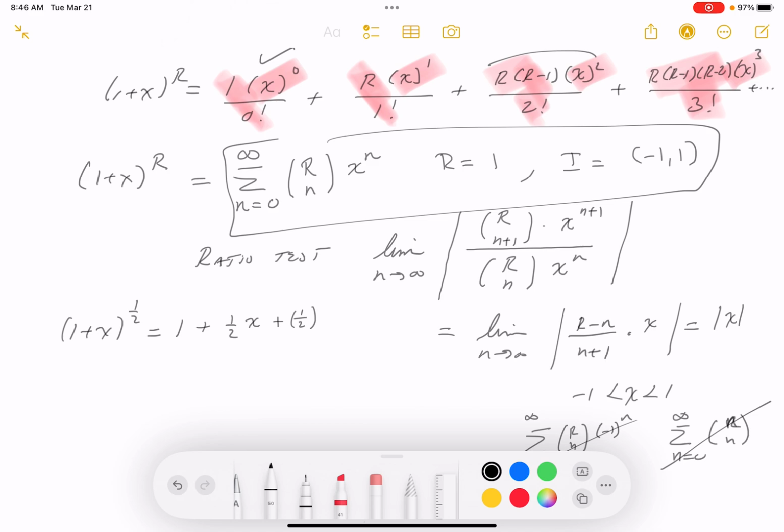It's going to be 1/2, and then it's going to be 1/2 minus 1 which is minus 1/2. And then you get x squared, and you get over 2 factorial, which is 2. All right, what do you get there? Let me write that down for you. So it's 1 plus 1/2 of an x. This is going to be what? Minus 1/8, right? Of an x squared. I think you get the idea that these things over here are computable numbers, by the way, and you want to be able to compute those, and you can take them out a few times.